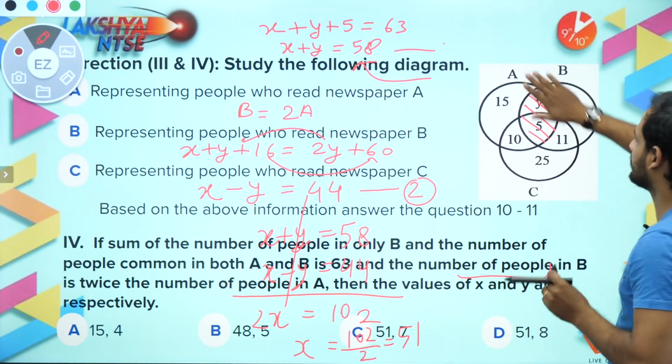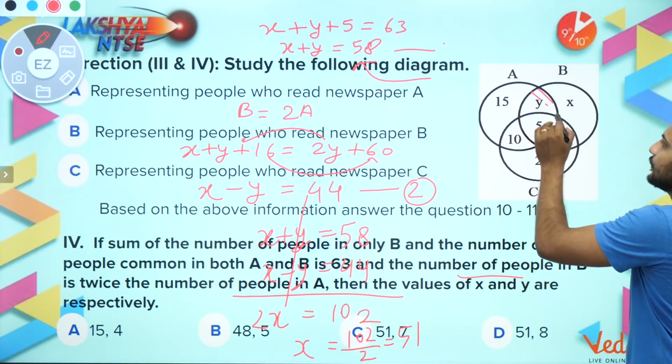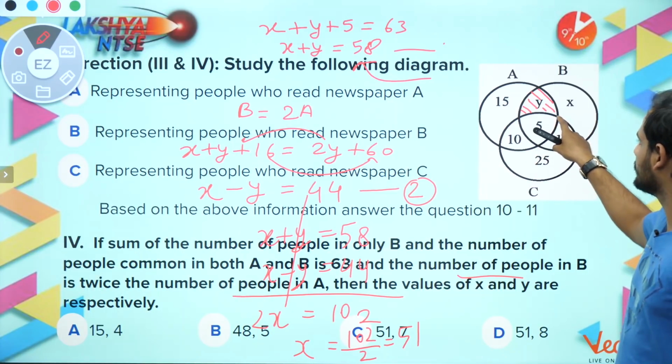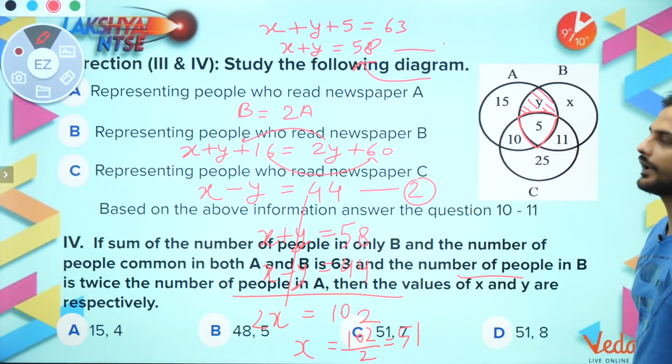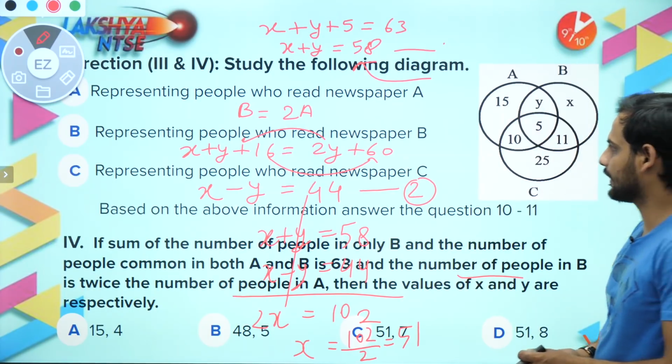But if I ask you the number of people common in only A and B, in that case only y will be the number of people. This is the difference, because these 5 people are common in C as well. So just follow that equation and you will get your answer.